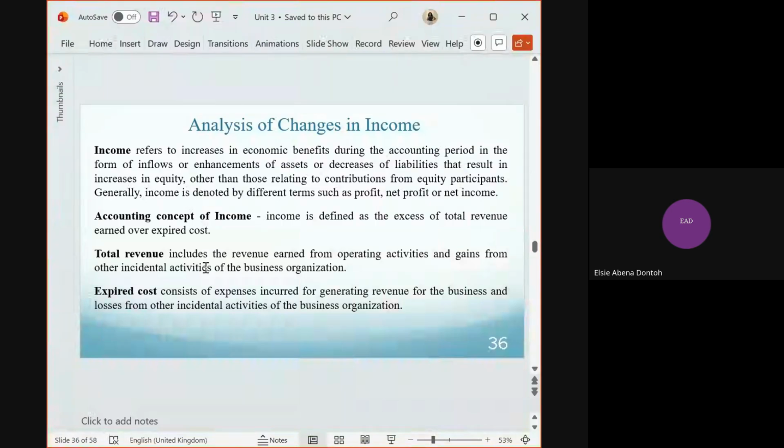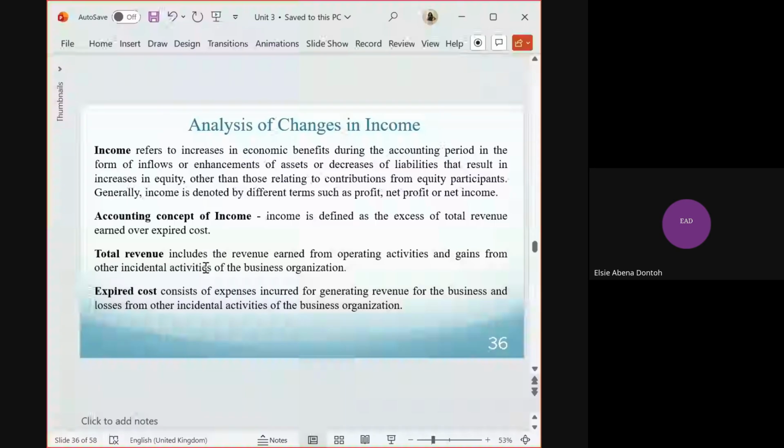So generally, income is denoted by different terms such as profit, net profit, or net income. In accounting, income is defined as excess of total revenue over expired costs.